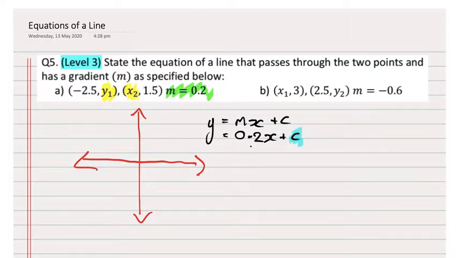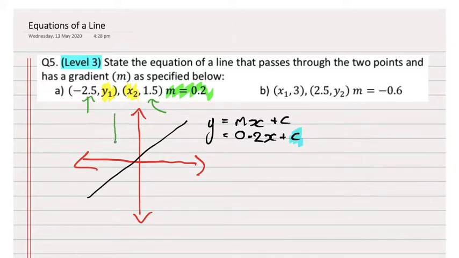Now, if we graph what we currently have, then we'll find that it can look something like that, or it could look something like that, or it could look something like this. And what we're told is that we know the line itself has to pass through this point here and this point here. And notice y1 is undefined. So all we know is that it has to pass through x equals negative 2.5.